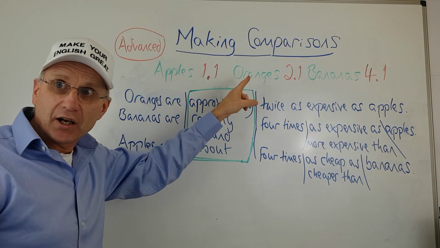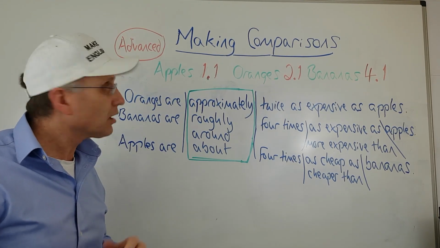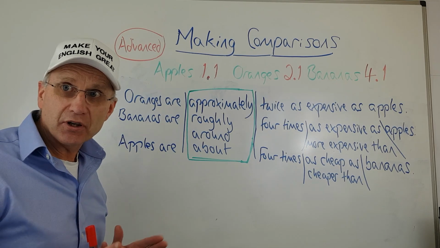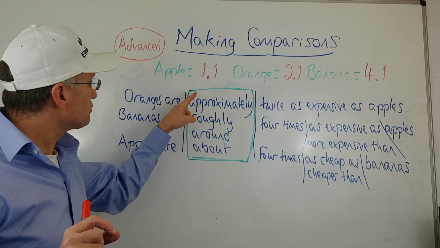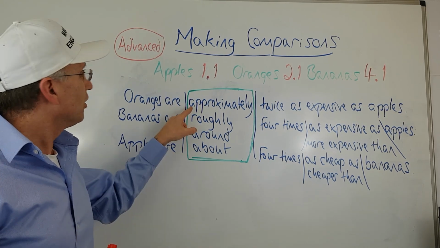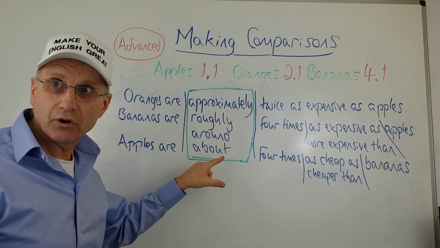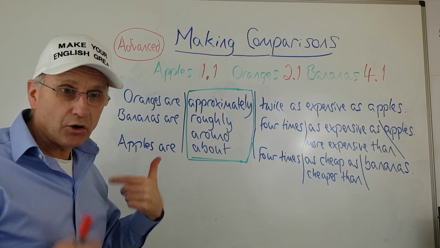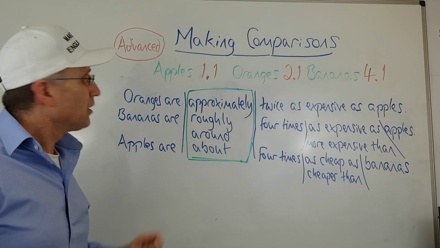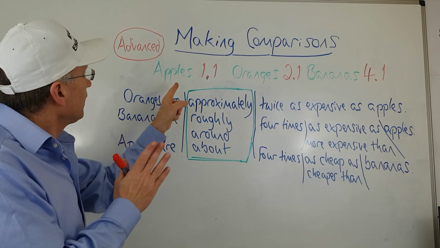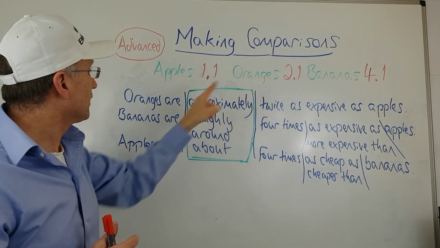They're not exact, and often with these graphs and tables and figures, you need to use words like approximately, roughly, around, or about. So if it's a nice exact figure, you don't need to use them, but if it's not exact like these figures.